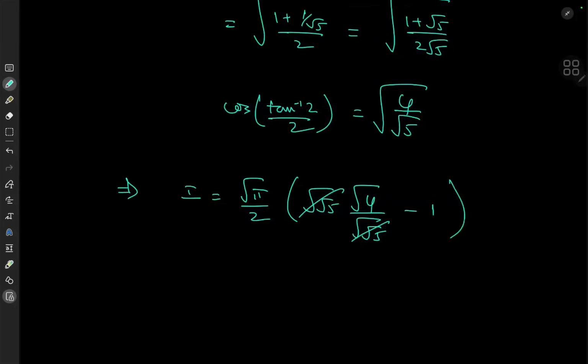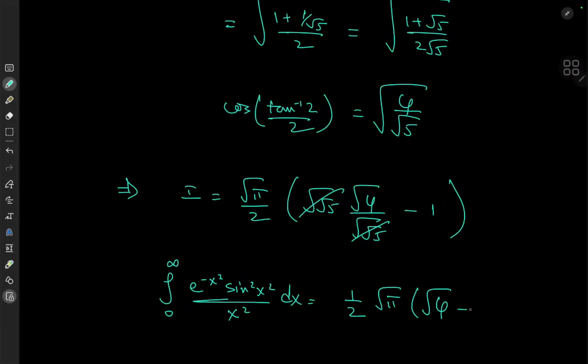And finally, we have the result of our target integral, that is to say the integral from 0 to infinity of e to the minus x squared times sine squared x squared over x squared dx. This thing actually equals 1/2 times root pi times root golden ratio phi minus 1.